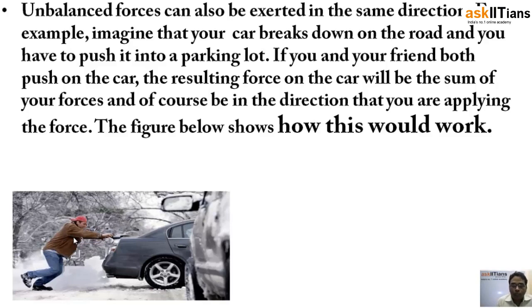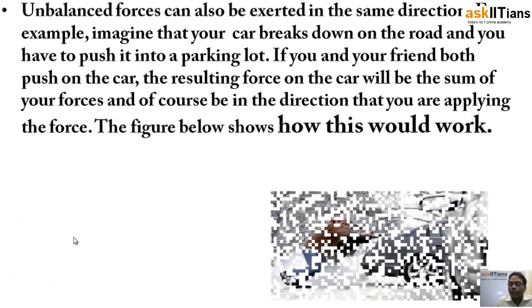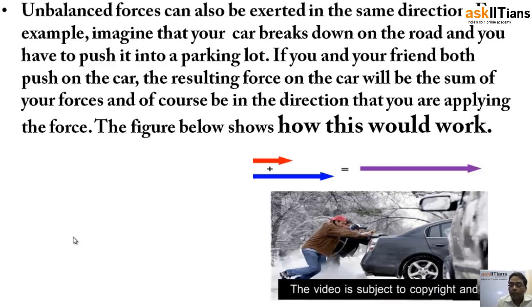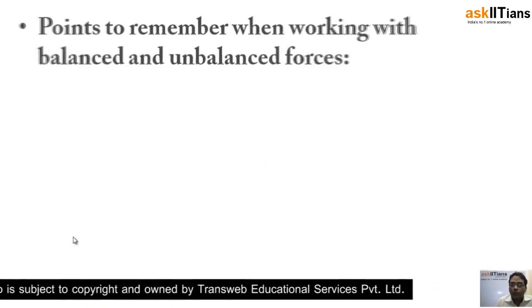But supposing your friends also help you out in pushing the car, you are able to move the car. So in this case, the two forces are going to add up to give you the resultant value of the force. Two unbalanced forces combine to give you one bigger force, and that is the result of motion.